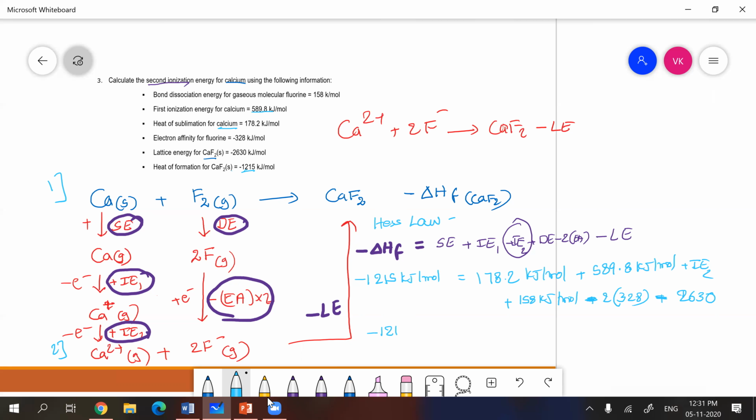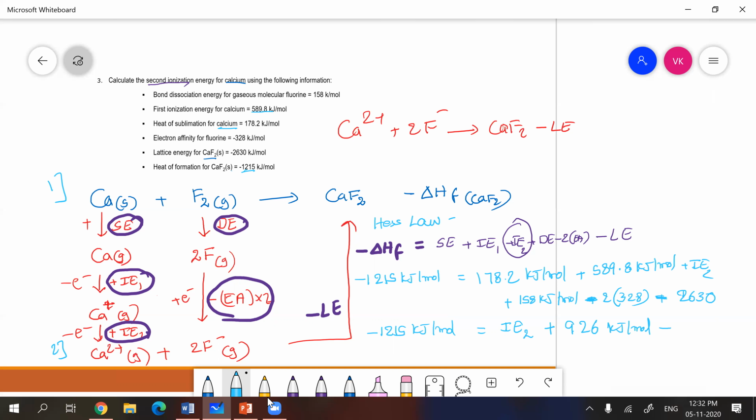Minus 1215 kilojoules per mole is equal to, add all positive terms and add all negative terms. What value are you going to get? Please try to tell me. So second ionization energy plus, what are the positive values? If you add together, you are going to get 926 kilojoules per mole.